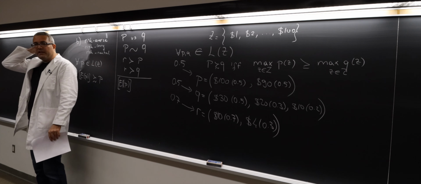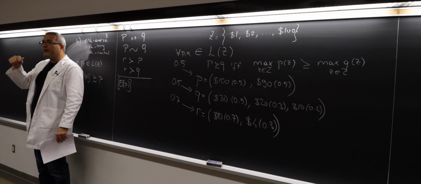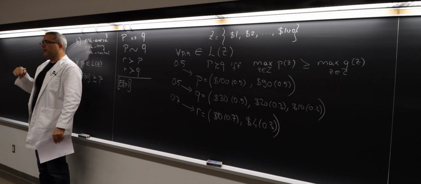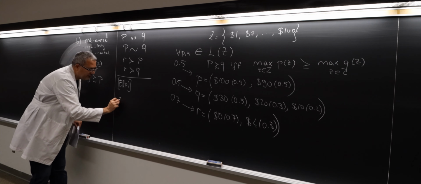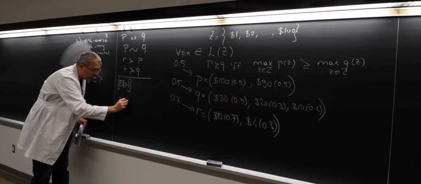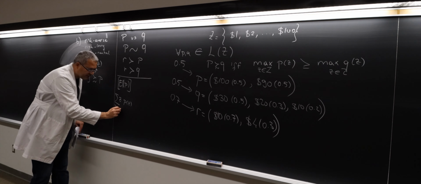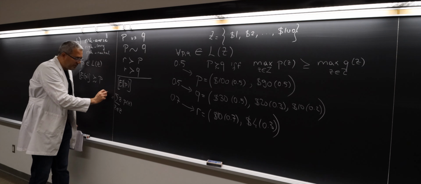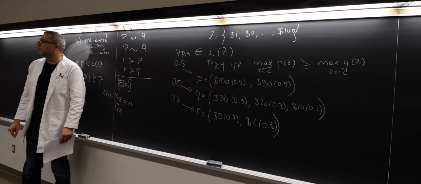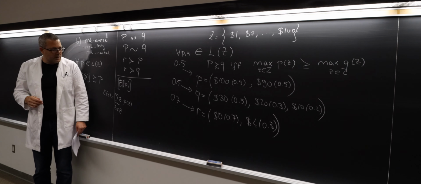E of P is the expected value, not utility, of the lottery P. And remember, the definition was basically the sum of Z, the price, times P of Z, over all prices in set capital Z. And so this is E of P. This is the definition we have.